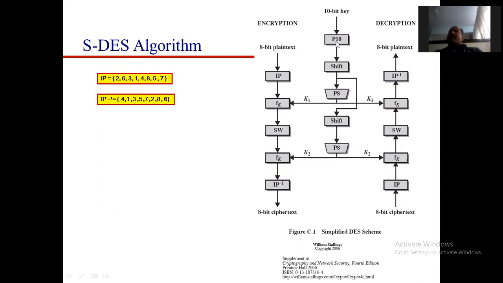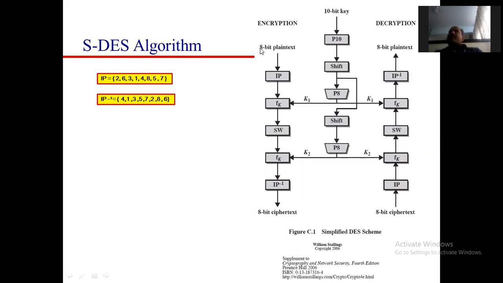And it accepts the 10-bit key, and the actual size of the key K1 is 8 bits, and the key K2 is 8 bits here. I will tell you why it takes the 10-bit key as the input, while at actual time it gives only the 8-bit key. First of all, I will tell you what these notations are here.